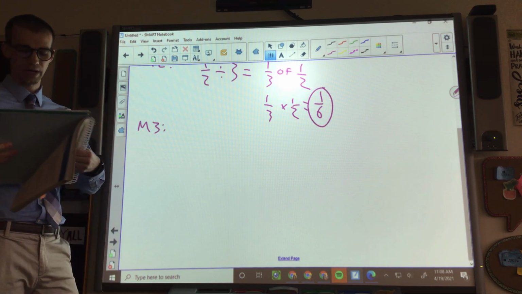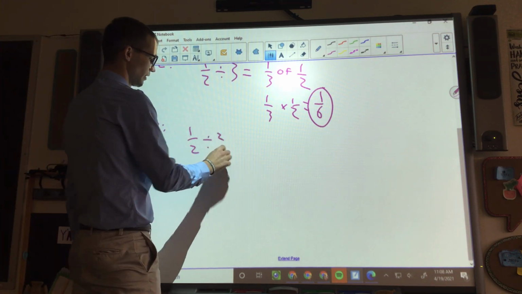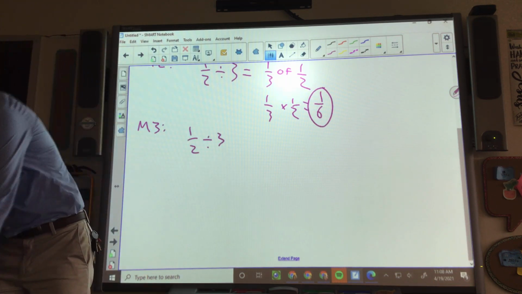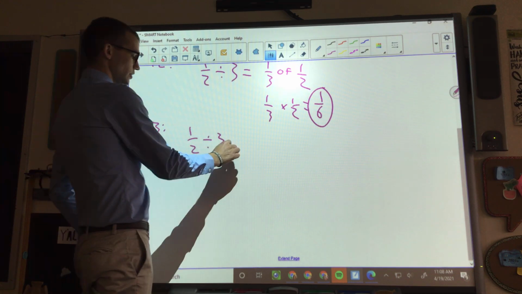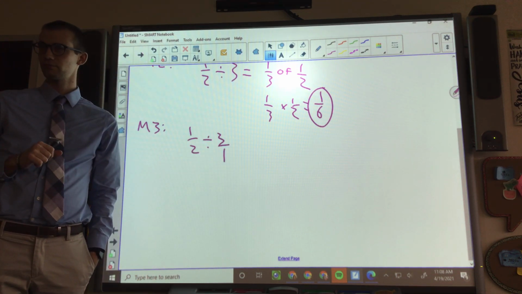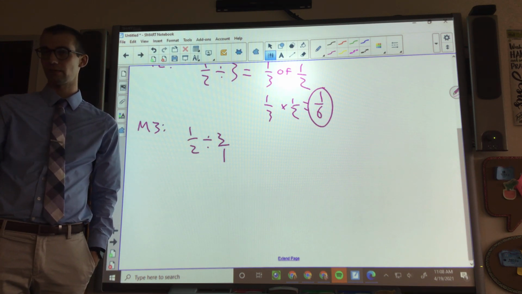And you've got 1/2 divided by 3. You can think of this as, instead of 3, you can think of it as 3 over 1, right? That's the same thing? Yes. Yes, 3 over 1 is the same thing as 3.